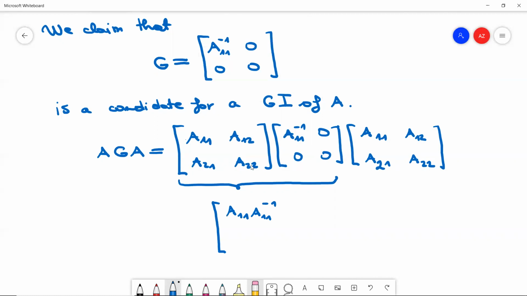And then the second row is multiplied with this first column, and we get A21 A11 inverse. But in the second column, there are only zeros. So whatever row we multiply with this column of zeros, we will get zeros. So first row times the second column is just a zero matrix, and the same for the second row and the second column.